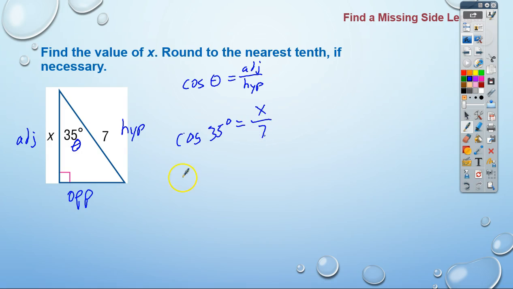Multiply over 7: 7 cosine of 35 degrees is equal to x. Go ahead, put it in your calculator. You'll get an answer of 5.734. It's just button pushing at this point. Next.